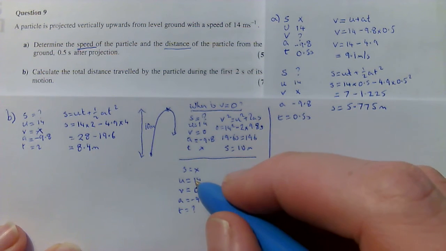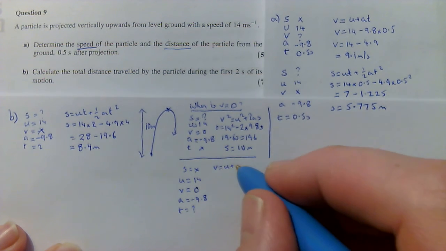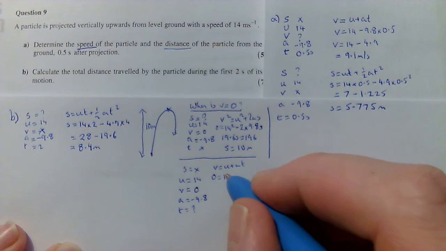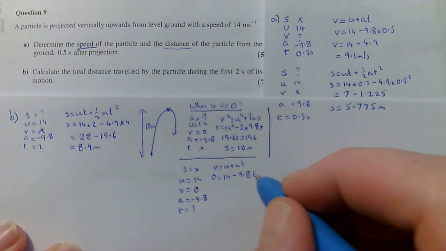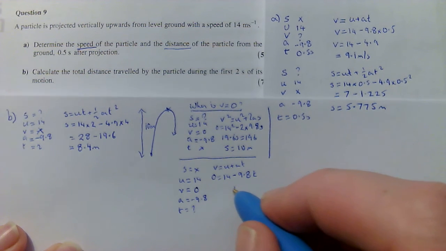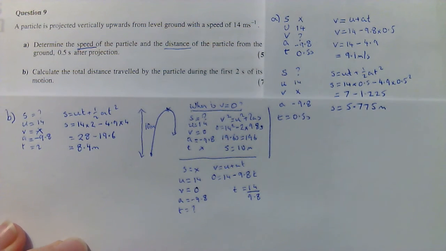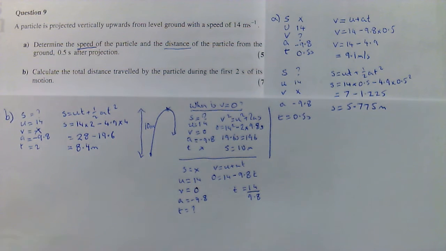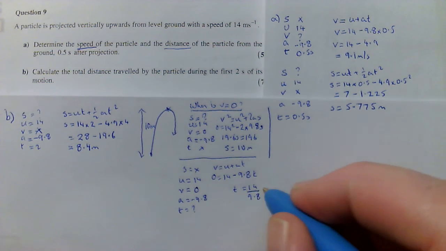Again, we're looking for what connects u, v, a, and t, and we've got v equals u plus at. 0 equals 14 minus 9.8 T. So T is equal to 14 over 9.8. 14 divided by 9.8 gives me an answer of 1 3/7 seconds.